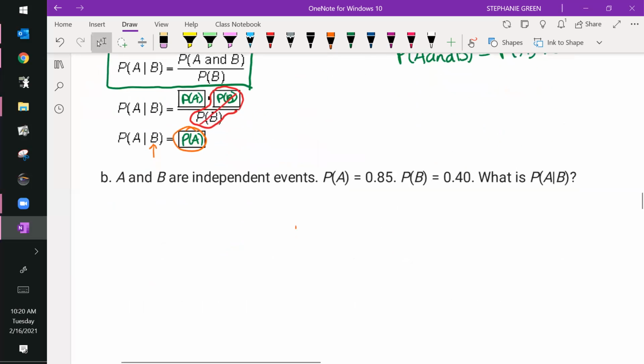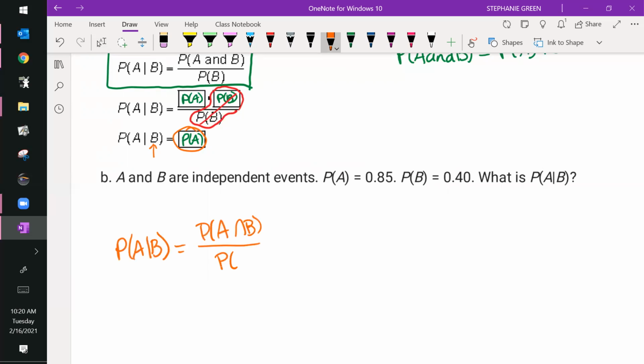So that also means we can use this to test and see if events are independent. If A and B are independent events, and the probability of A is 0.85, and the probability of B is 0.4, what is the probability of A given B? So we would say the probability of A given B is equal to the probability of their intersect over the probability of the condition.